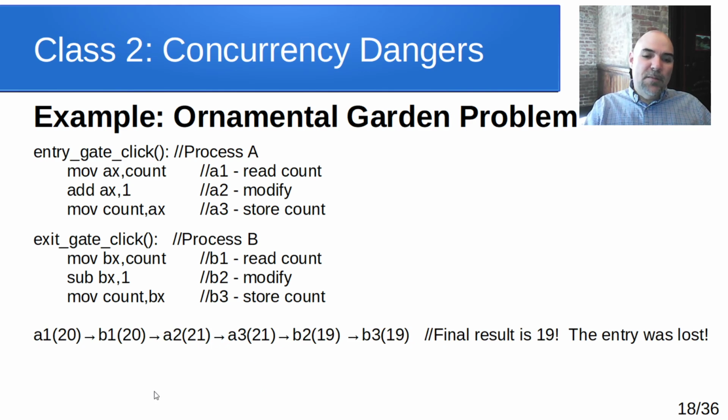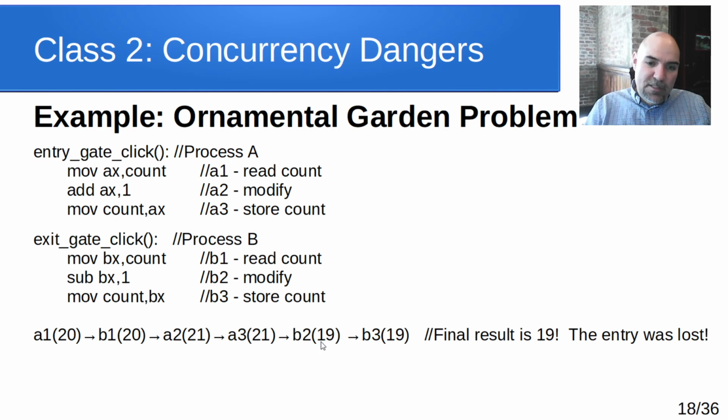All right, so here's a problem sequence that causes that. A1 runs. So A1 is the read. But before A2 and A3 can run and modify and restore it, B1 runs and picks up the same 20. So they've both picked up the same value of 20. Now A finishes, it modifies it, adds 1, gets 21, restores it, so it put 21 back into memory.